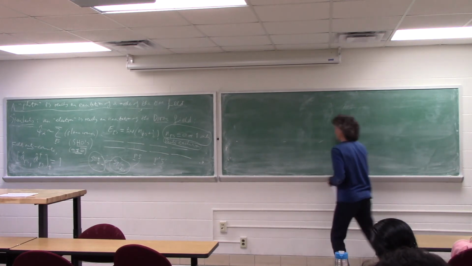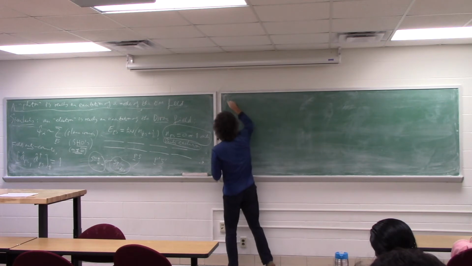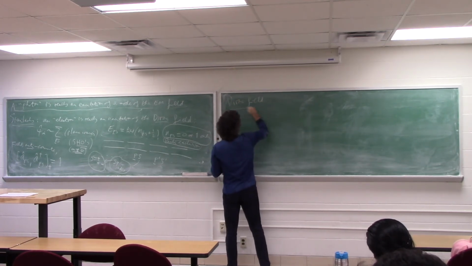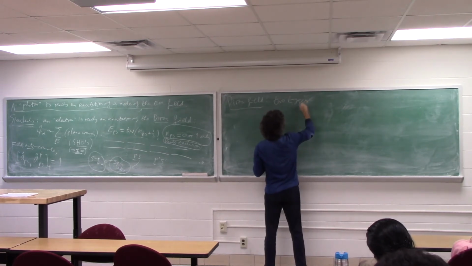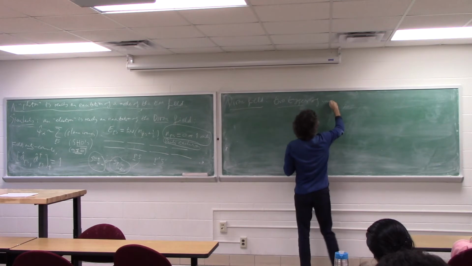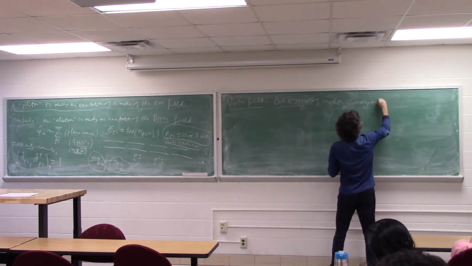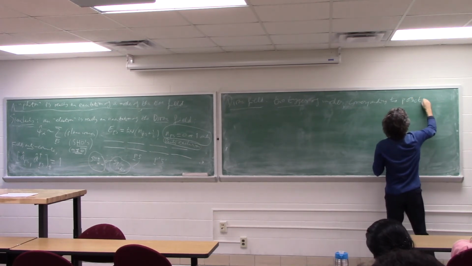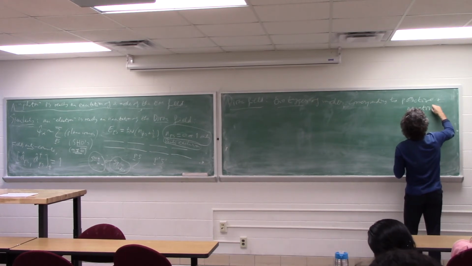It turns out that when you quantize the Dirac field, there are actually two types of modes, corresponding to positive and negative charge.